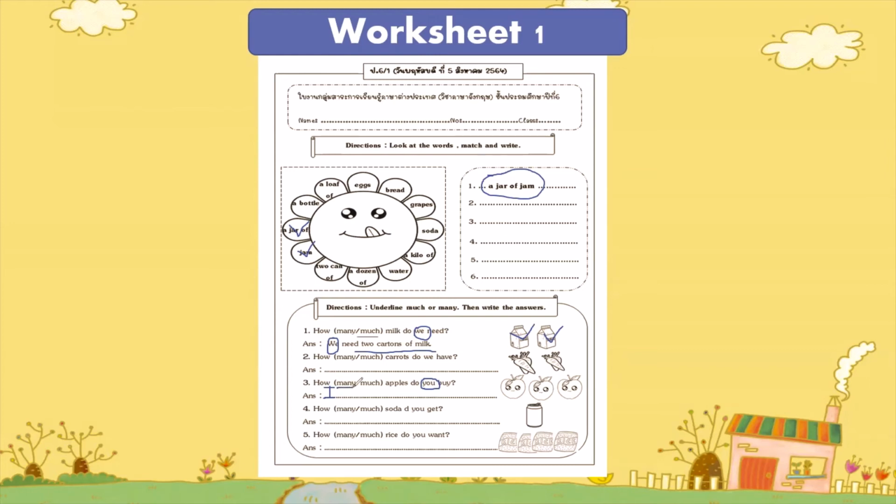How many apples do you buy? I. What will you put here? How many? I will buy 3 apples. Here, 1, 2, 3. So you can write here, I will buy 3 apples.